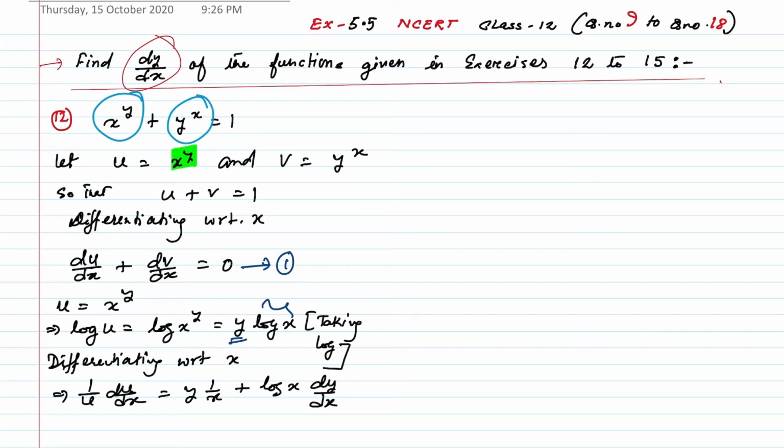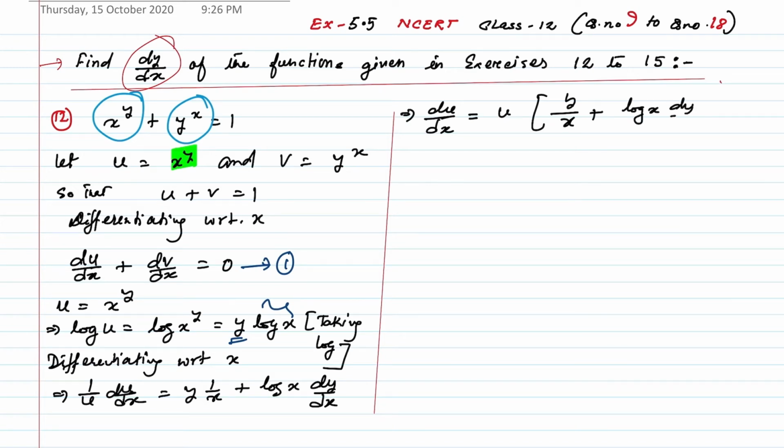So now here you can see, from here we can write du by dx is equal to u into y by x plus log of x dy by dx.